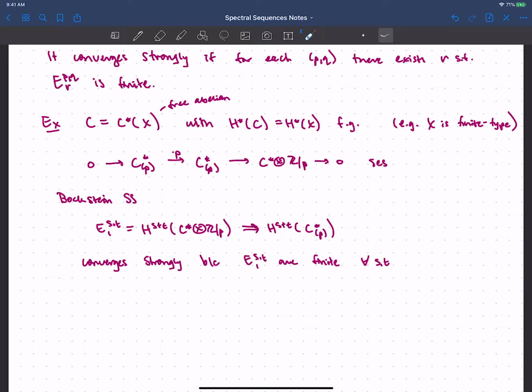Okay, so that's basically all I'm going to say about convergence. Again, there's a lot of good stuff in McCleary and Boardman, so look there, especially if you find yourself dealing with a spectral sequence that's a little bit more complicated or where convergence is more complicated. But the overarching thing that I want you to remember is that we really can only see the completion on the E infinity page.